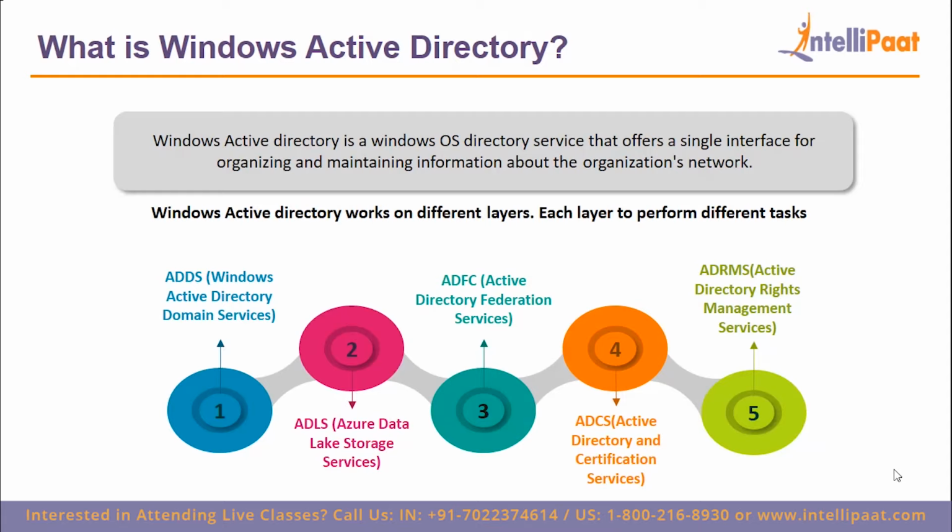The fourth layer is ADCS, which is Active Directory Certificate Services. And finally we have the fifth layer, ADRMS, which stands for Active Directory Rights Management Services. Like I said, all of these layers perform different kinds of tasks, right? So let's discuss them one by one, starting with ADDS.